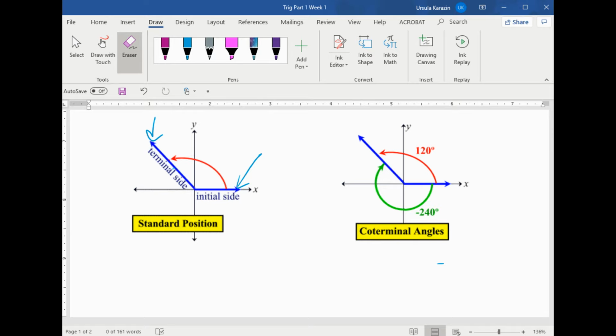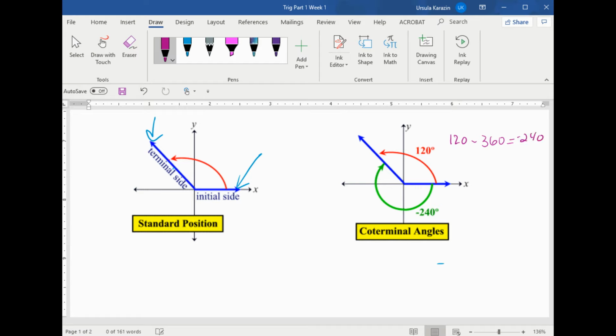So here I went 120 in one direction, I went 240 in the other direction, and so I end up at the same place. Notice those two angles add up to 360, right? So how do I figure out how much I have to go in the negative direction if all I know is the positive? If I have the 120 and I want a negative angle that goes the rest of the way around the 360, then do your subtraction, 120 minus 360, because that will give you the negative.